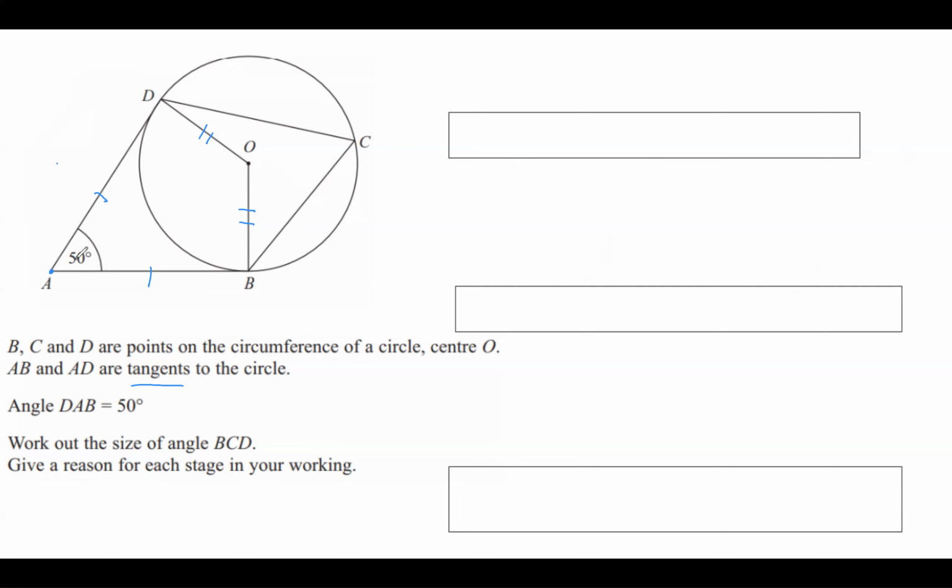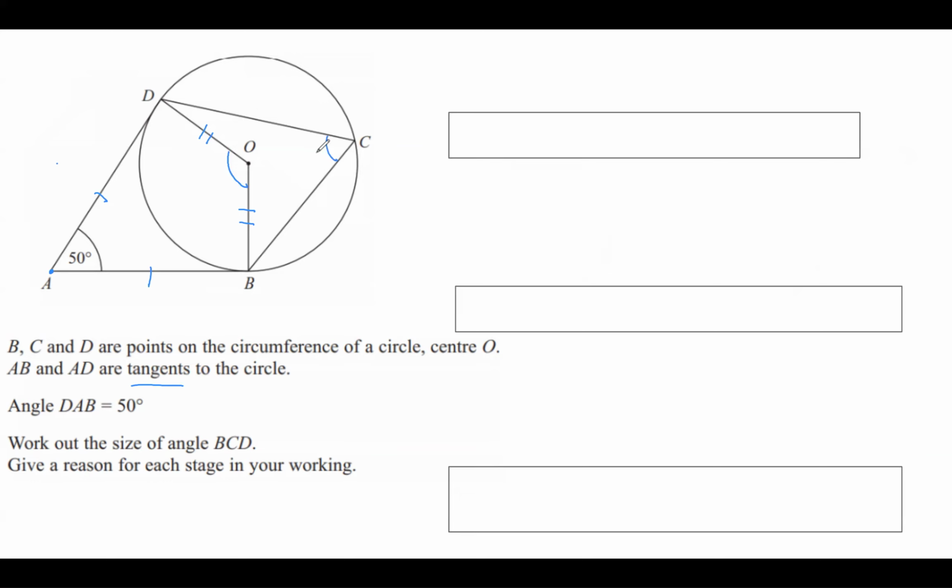We know this angle is 50 degrees. It says work out the size of angle BCD. So the angle we are looking for, BCD, is this one over here. So ideally, we need to know this angle here, the angle at the center, because then we can use the circle theorem where the angle at the center is twice the angle at the circumference.